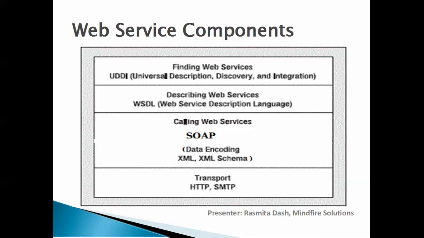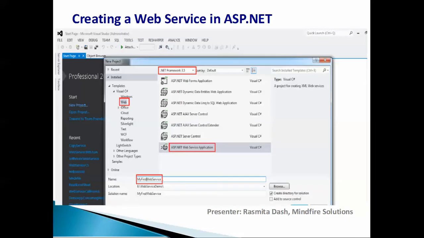This is again an XML schema having its own structure: an envelope, a header, a body. Following that structure you make a request and you get a response from the web service. Next, we need to communicate with a web service and a web application. For that they need a protocol, and that protocol is HTTP.